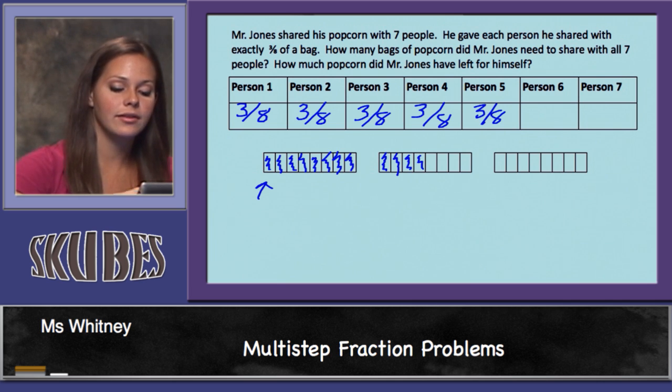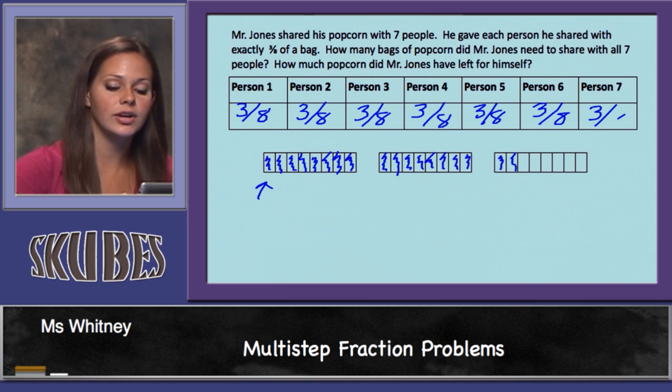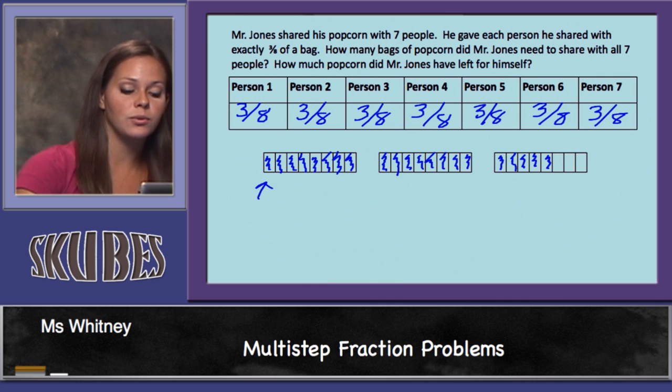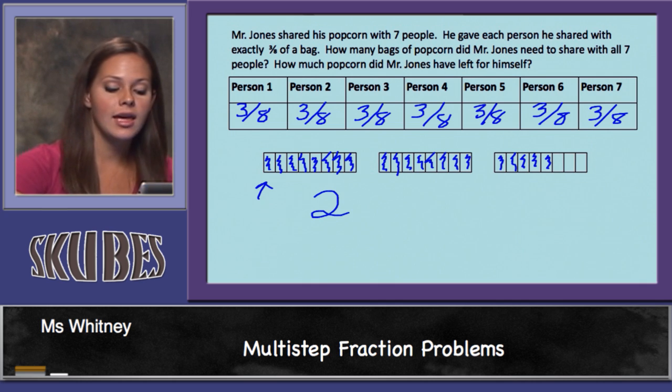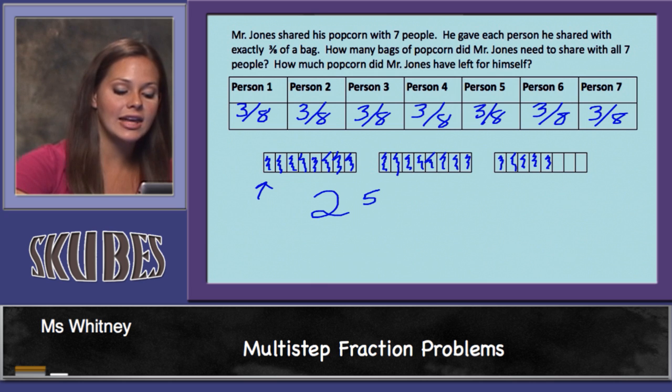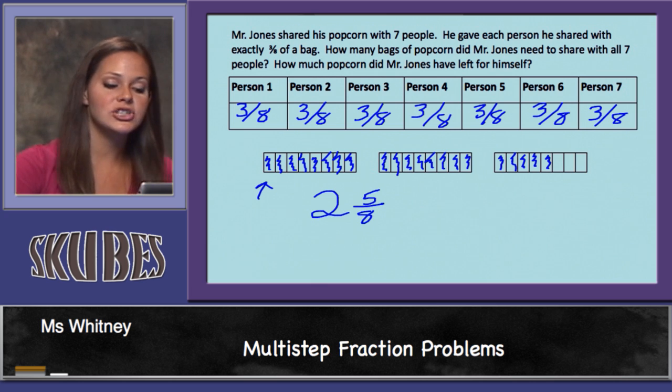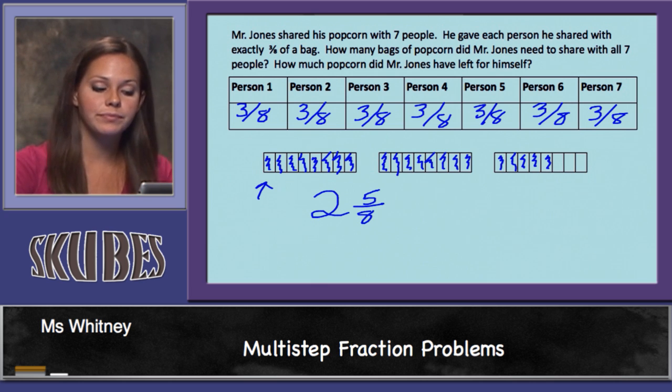Person 5, 3/8. Person 6, 3/8. And person 7, 3/8. Using our model, we can see that it took Mr. Jones 2 whole bags of popcorn and 5/8 of another bag to share with all 7 people.